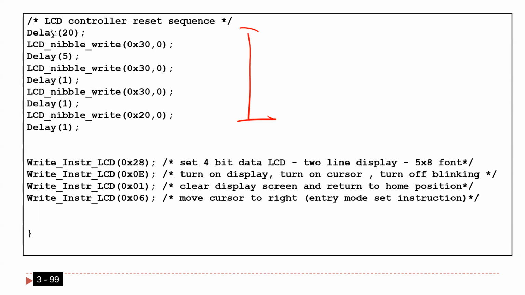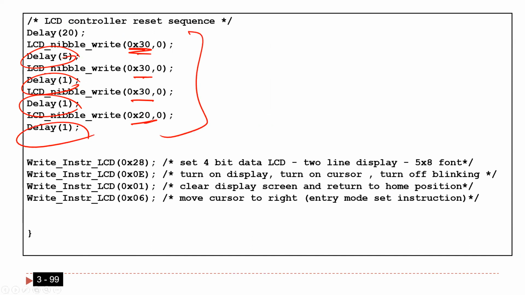So here, number 1, you need to reset the controller. How can you reset the controller? I have to send 30 and then 30, 30 and then 20. Okay, and then I have to wait this time. How did you come up with this number? Again, if you look at the data sheet, that's what they told me in the data sheet. I already posted it on the book website. Why am I explaining all these details?